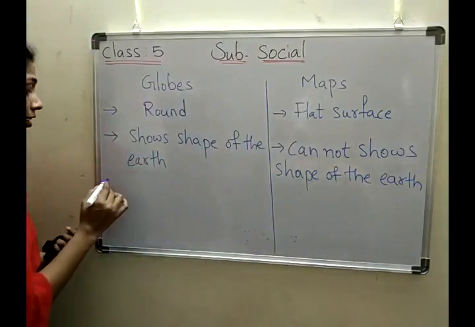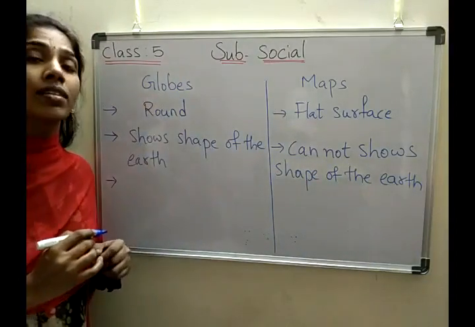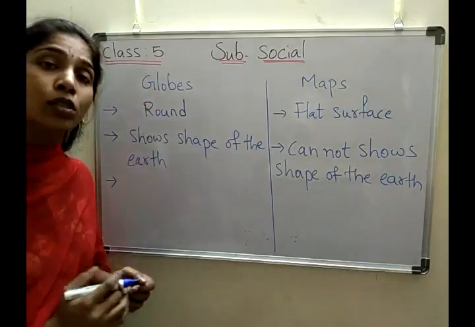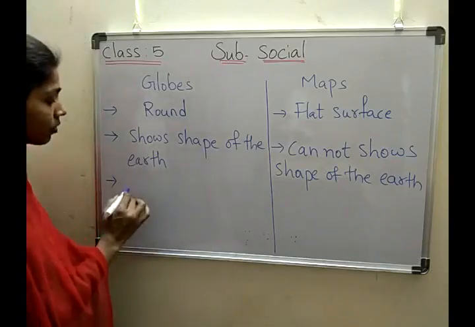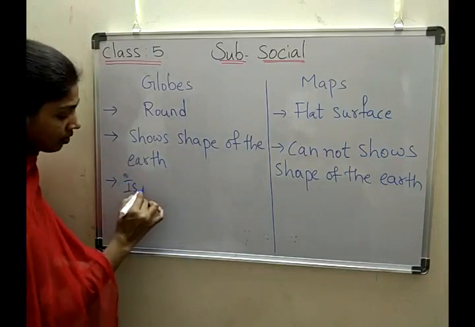Children, here globes are not so detailed. Okay, globes cannot show small cities and villages. Okay, so it is not so detailed.